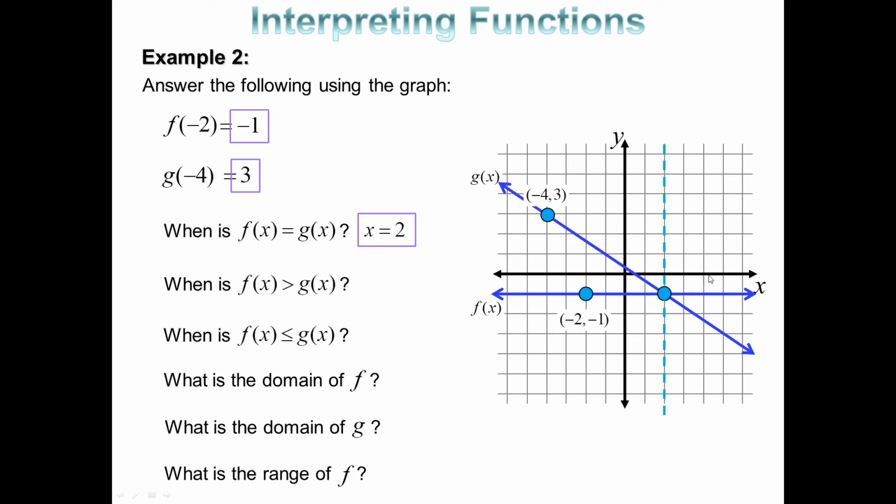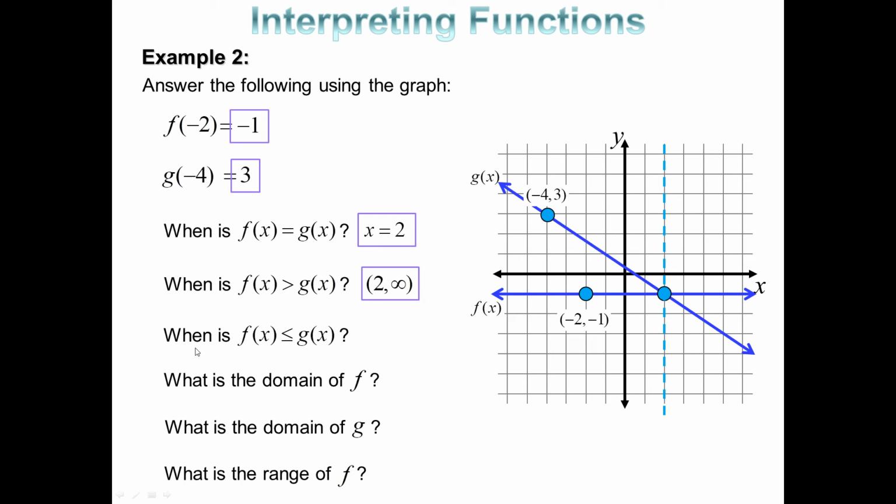All these x values will produce an f, which is just -1, that's greater than g. So like here, f is -1, and g is -3. That means f is bigger than g. Since there's no equals to, we'll use parentheses. So it's from 2 all the way to infinity. That's why it's parentheses.